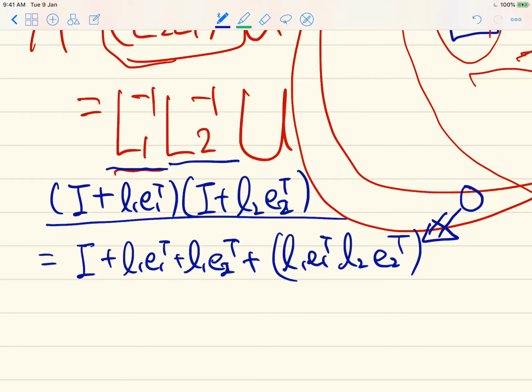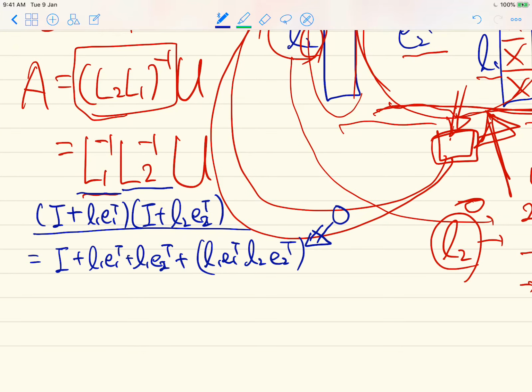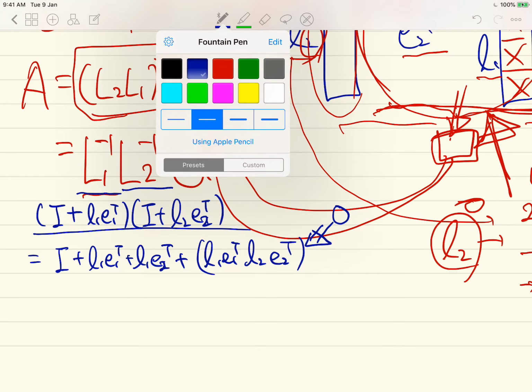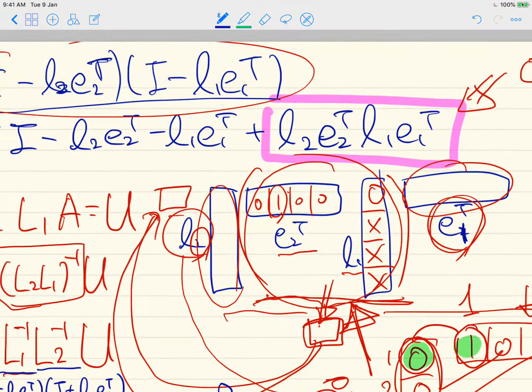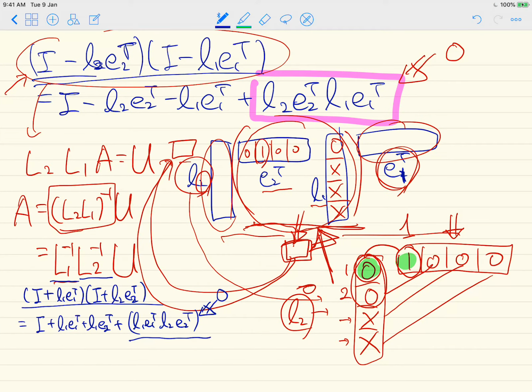Okay, so we also use the same trick over here. My kind of mistake in the previous case was that I tried to consider the product of this, and what's the difference between this case and this case?